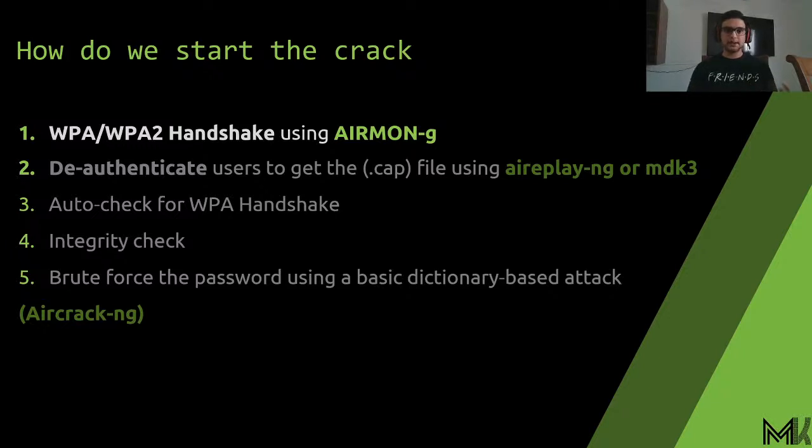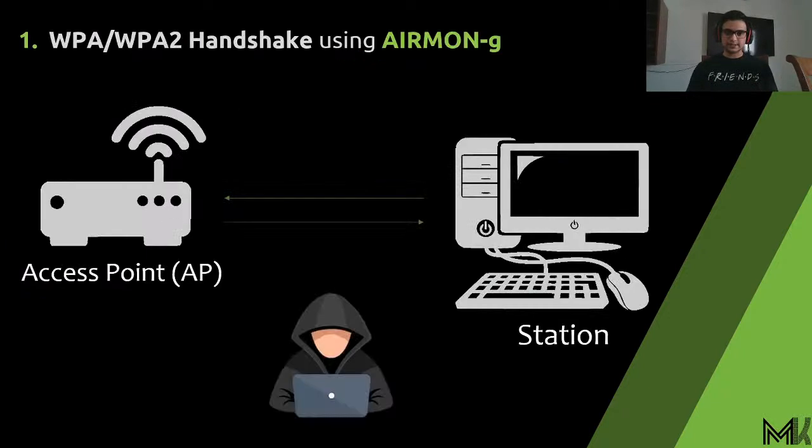Now I'll explain what this handshake is, right? So like before, we're using a similar diagram. There is the access point and then there's the station, right? The same 4-way handshake that I explained before is going to happen between the station and the access point. But now the tweak here is that there's a hacker in between.